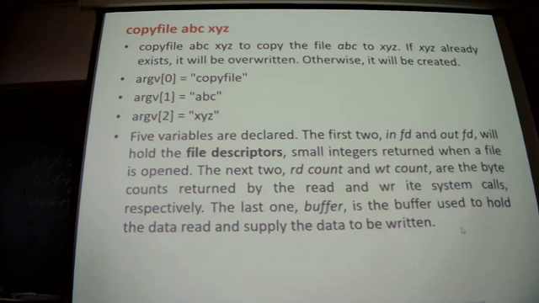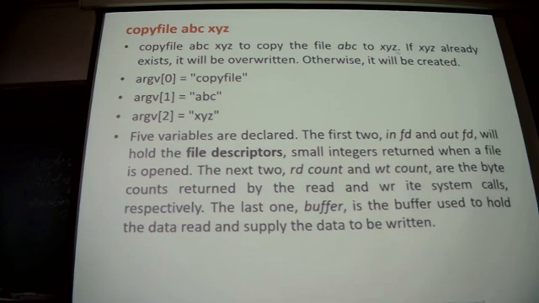So let's focus on an example. The example is just to copy a file. Copy file abc xyz. This is the command. Its meaning is to copy the file abc to xyz.